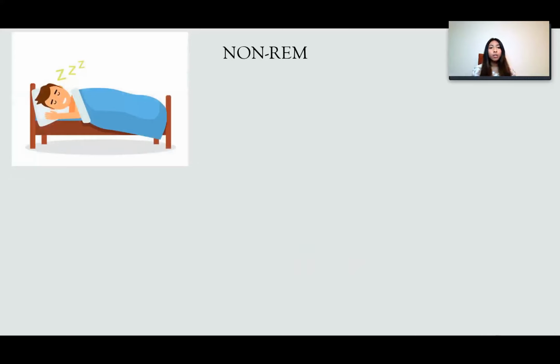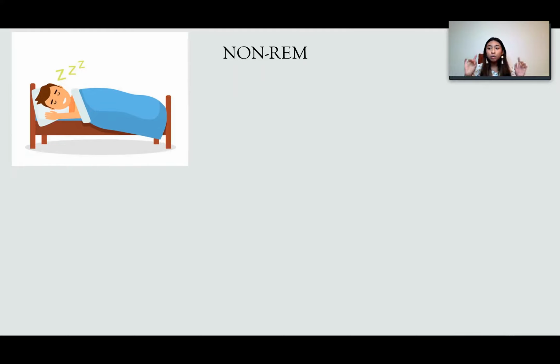So in stage 1, what happens is that we are finally starting to fall asleep. You lie in bed with your eyes closed. When we're awake, our neurons are really excited. They are moving fast. But when we get into our beds, turn off our lights and close our eyes, our neurons start to move even more rhythmically and evenly.